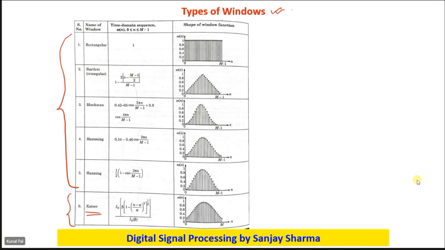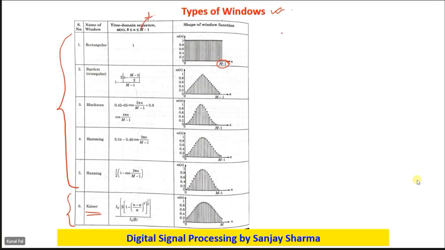Over here, if you see the equations, the time domain sequence Wn varies from 0 to M minus 1. Here M is the length of the window.